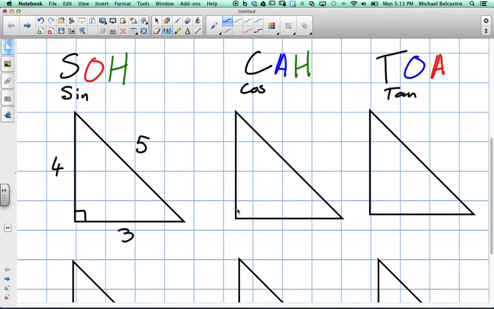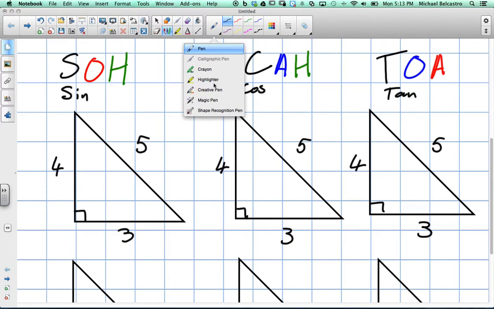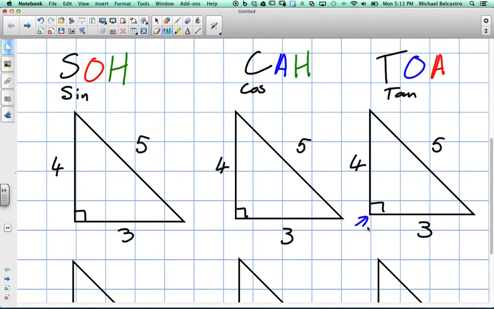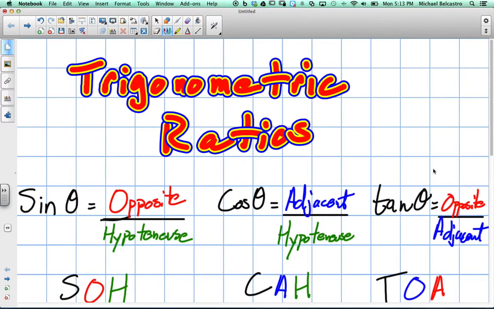Now whenever we do these, there's really only 2 angles in the triangle we measure from, and I guess I'll write the other sides in as we're talking about this. But the right angle here, we don't use SOHCAHTOA for it. That would never be the angle in the formula. We're never talking about this theta.